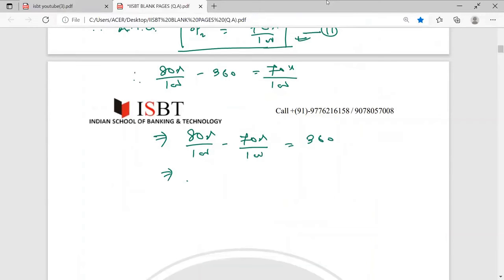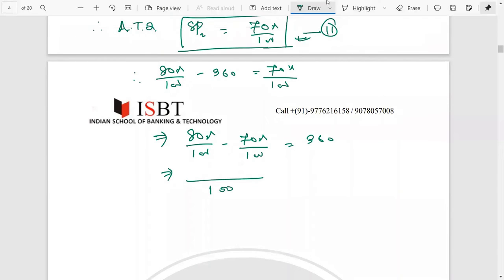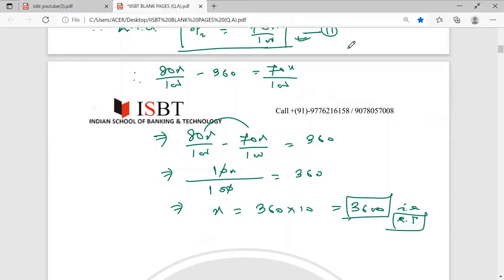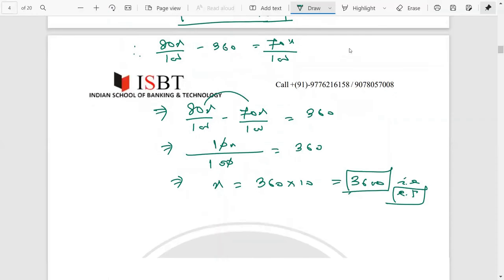Taking LCM 100, 80x minus 70x, that is 10x, is equal to 360, or x is equal to 360 into 10, that means 3,600. That is the cost price. Okay, you can understand. Very easy questions.